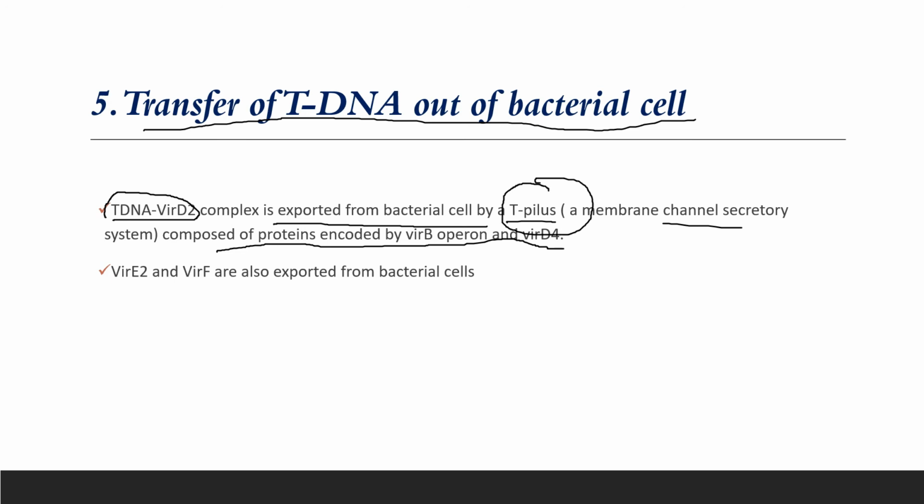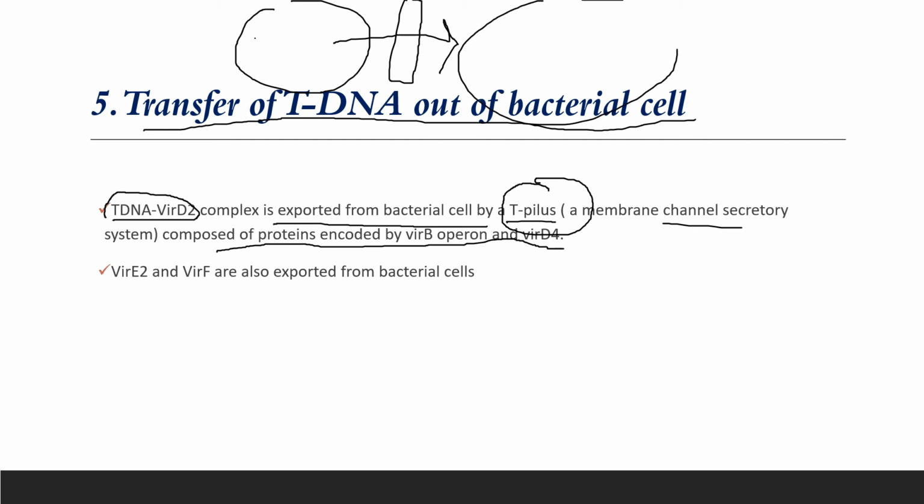All right. So this tDNA along with the VirD2 complex is now moved from the Agrobacterium to the plant cell with the help of a T pilus in between. Now VirE2 and VirF are also exported from the bacterial cells.